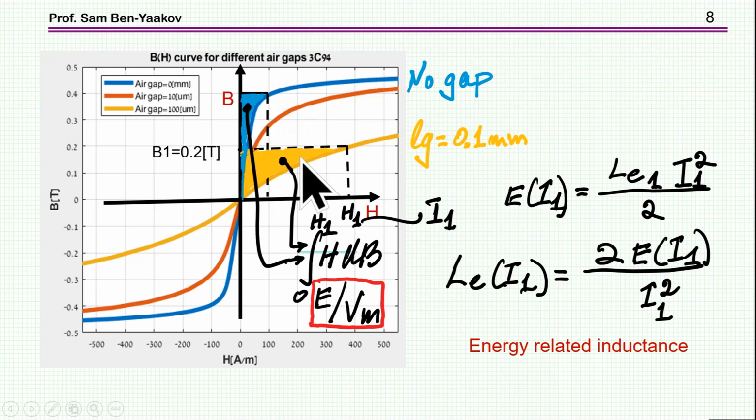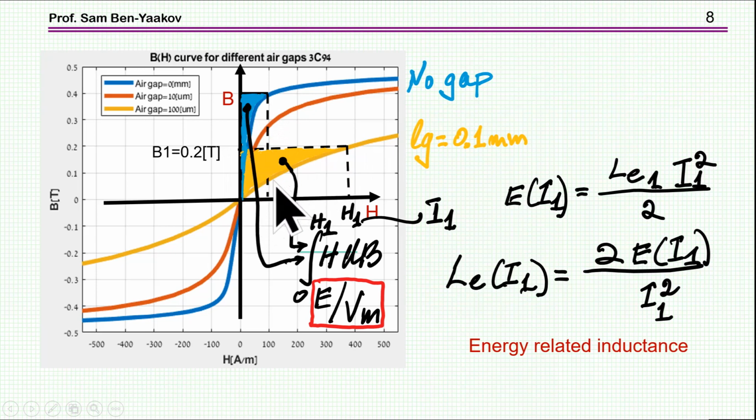In the case of the core with the gap, we see a much larger amount of energy stored going into saturation. Once you know this energy by calculating this area, you can do it by expressing the BH curve or fitting it to an equation and then doing a numerical integration.